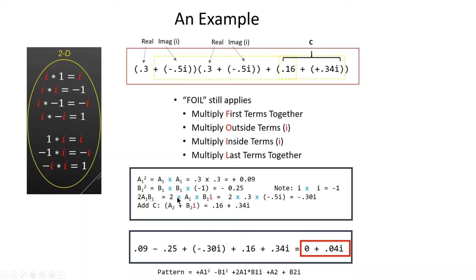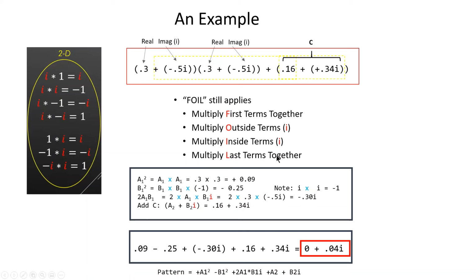We have 2 times A1 times B1i, which is the same as saying 2 times 0.3 times -0.5i. So this would be one of the products, and then there's another product because we did it both outside and inside. We multiply these two terms together and multiply it times 2. The answer is -0.30i.